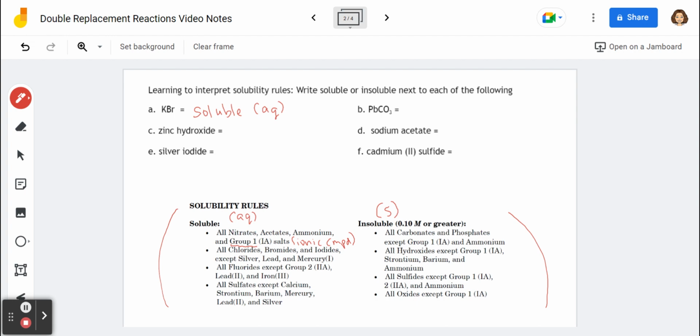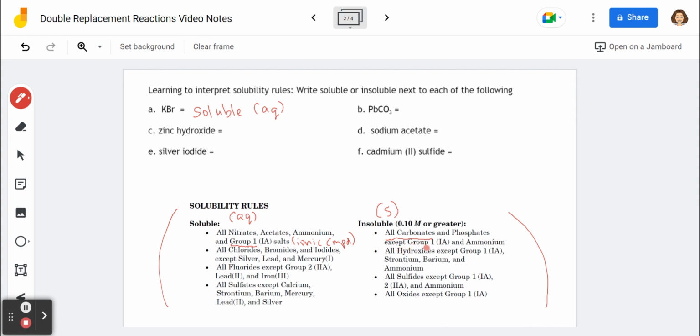All right, so this one, B, we have lead carbonate. Now you'll notice that most of the rules start off with negative ions or anions. So over here we see a carbonate rule, right? So all carbonates and phosphates are insoluble.